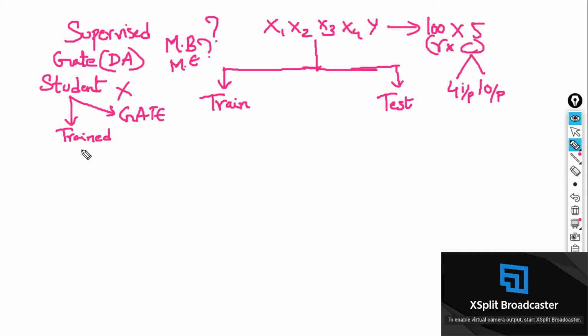Initially, post training, I have to conduct some kind of testing activities, mock exams. I'll conduct some kind of test with respect to what he or she has been trained on. On a daily basis, I'll train and test him or her.